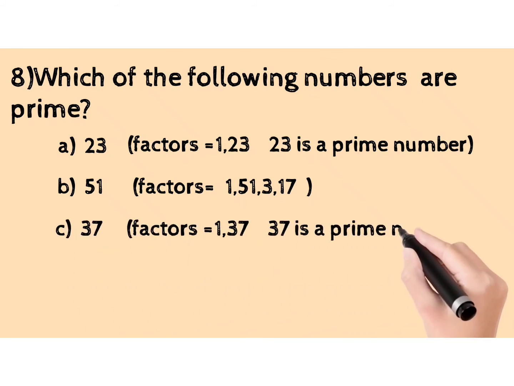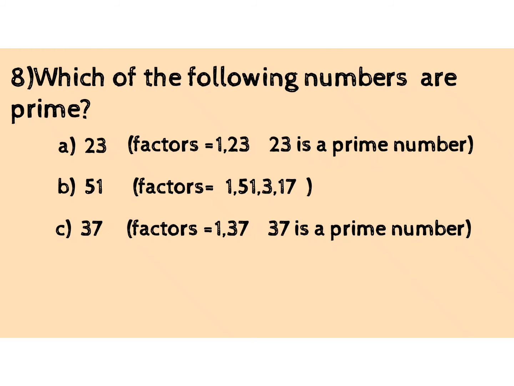Now C part, 37. What are the factors of 37? Yes, 1 and 37. We know 37 has only 2 factors, 1 and 37 itself. So we can say 37 is a prime number. Now D part, 26. We know factors of 26 are 1, 2, 13 and 26.